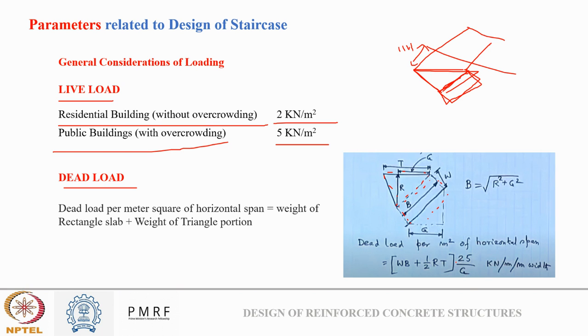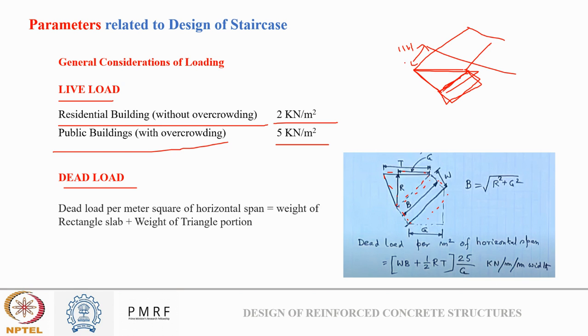For converting mass to weight I have divided by g. So w times b times this will give me the weight of the slab, and half into breadth into height is the area of the triangle, so multiplied by this it will give me the weight of the triangular portion of the step. So this will be my total dead load per meter square of a horizontal span.